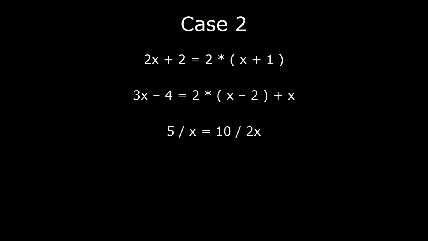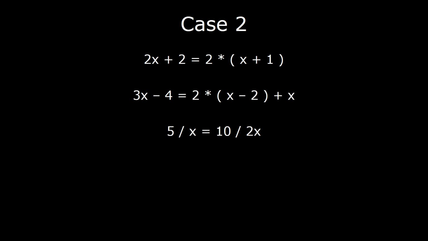Let's leave aside the plus x for a little bit because it's neither in multiplication nor within the bracket, and let's focus on 2 into left bracket x minus 2 right bracket instead. So that would become 2 into x minus 2 into 2, which equals 2x minus 4. Now bringing back the x, the RHS becomes 2x minus 4 plus x, which equals 3x minus 4.